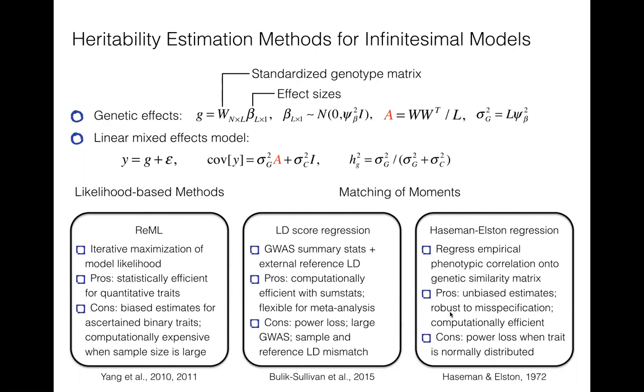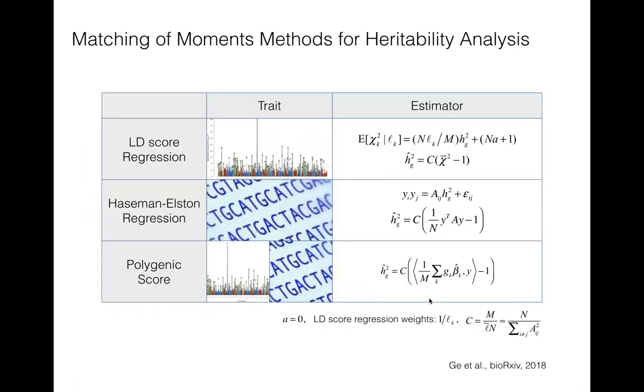In this talk, I will apply these moment matching methods and leverage their computational efficiency to address some large-scale heritability analysis in practice. To summarize, in heritability analysis, if you have the GWAS summary stats, you can do LD score regression, and you can have a closed form estimator, which is the average of the chi-square statistics across the genome minus 1 times some constant.